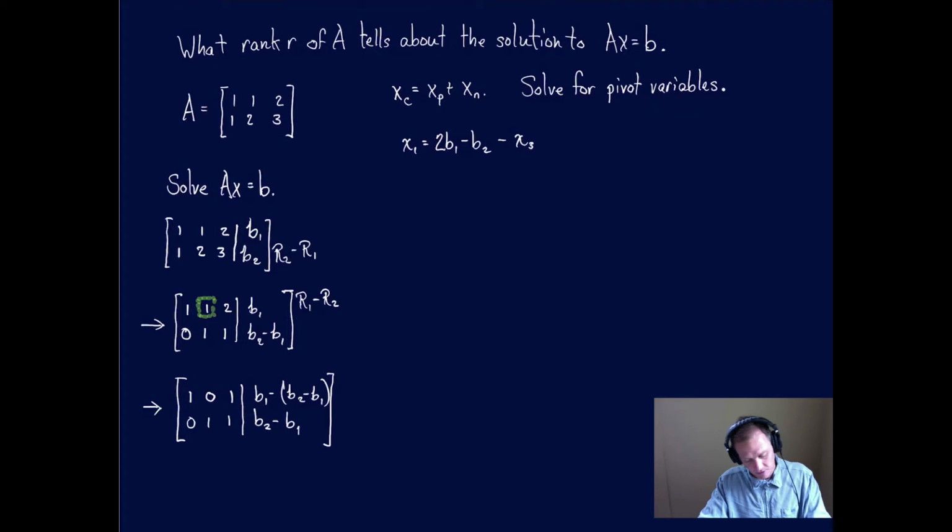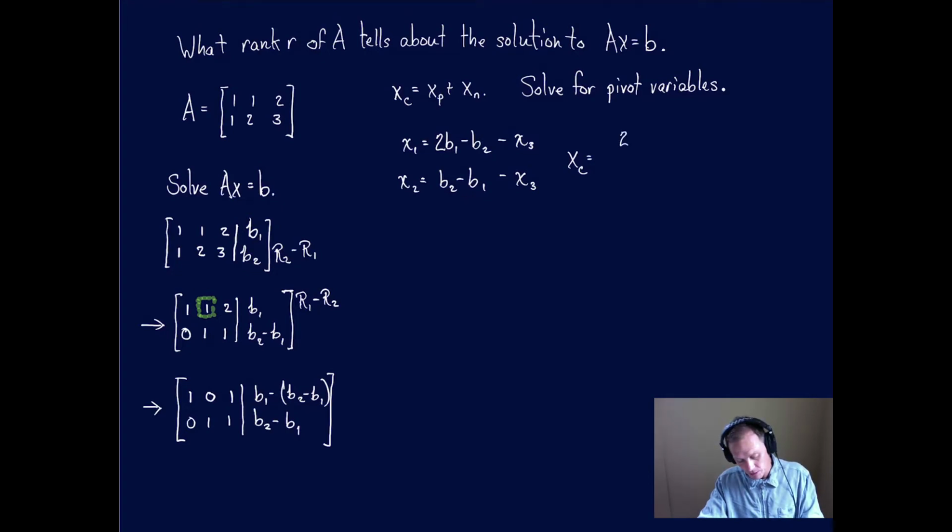And my second solution is that x2 is equal to b2 minus b1, also minus an x3. So if I write my complete solution, I break this up into the pieces with the b's and then the x's. I'm going to do this a little quicker.